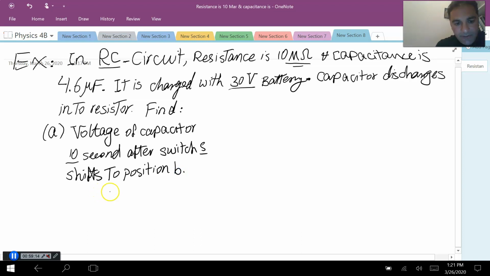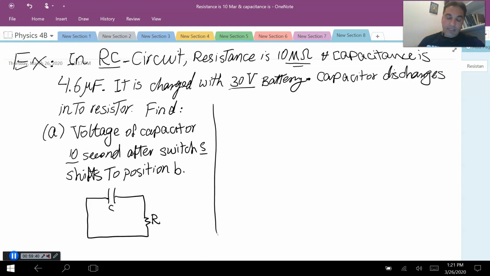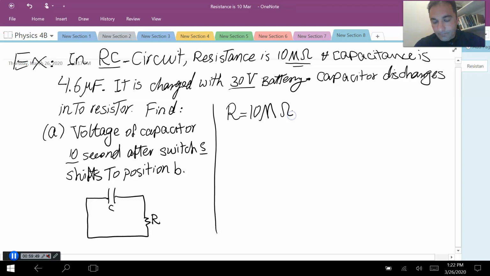So anyway, your picture is this, your graph will be this, C, R. You have a fully charged capacitor, which is at 30 volt. Now it gets discharged. First of all, guys, you have to verify, is this question about charging or discharging of a capacitor? It says in an RC circuit resistance is 10 mega ohm, which is 10 times 10 to the 6 ohm.